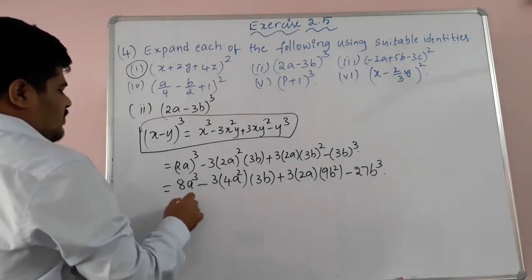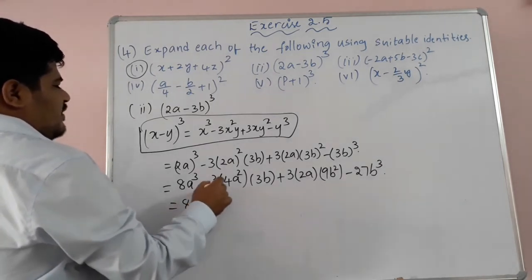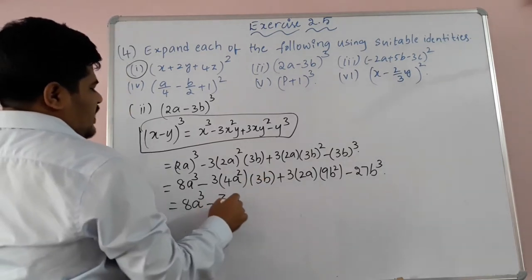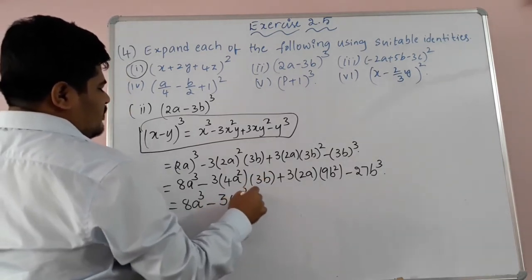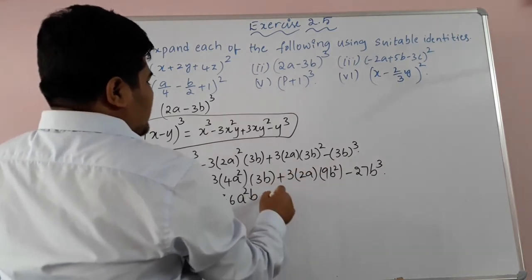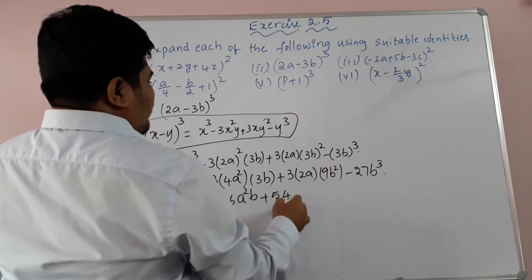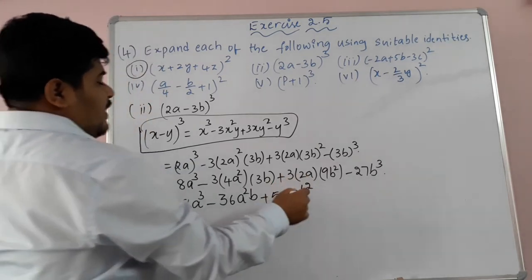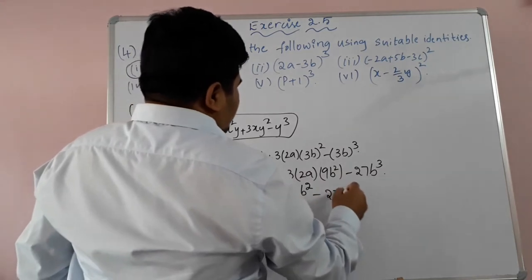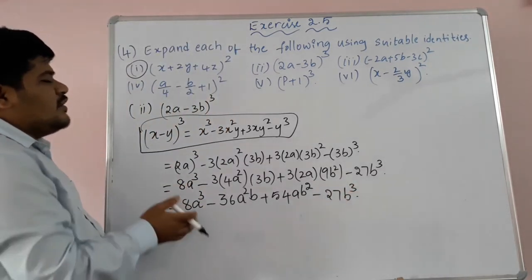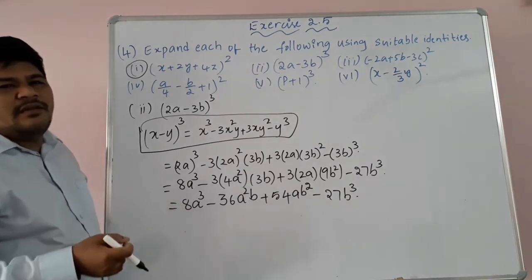So that is equal 8a cube minus 3 4s are 12, 12 3s are 36. So minus 36a square b plus 3 2s are 6, 6 9s are 54. Okay, 54 ab square, children, minus 27 b cube. And this is the expansion of 2a minus 3b whole cube, children.